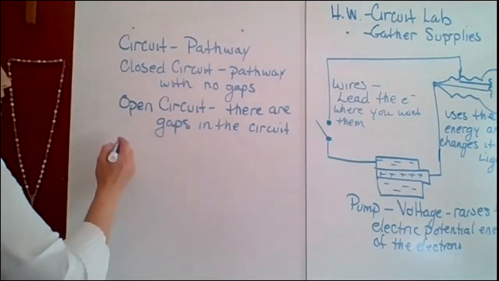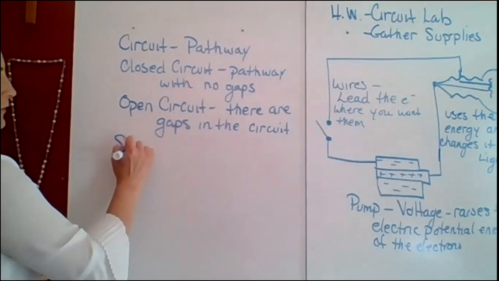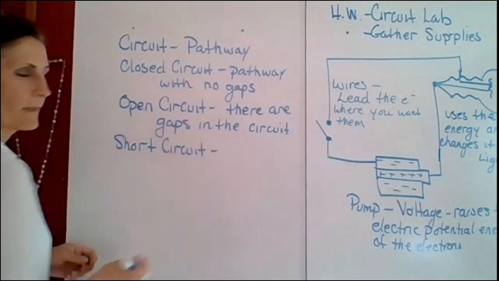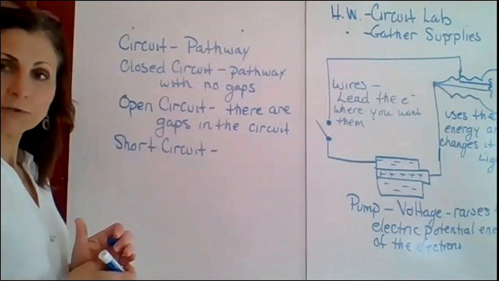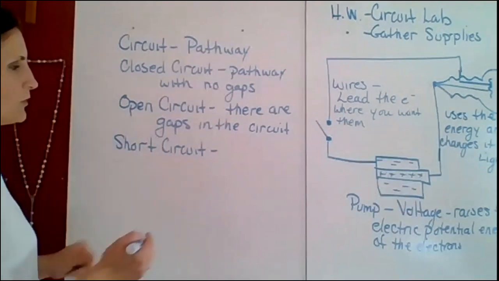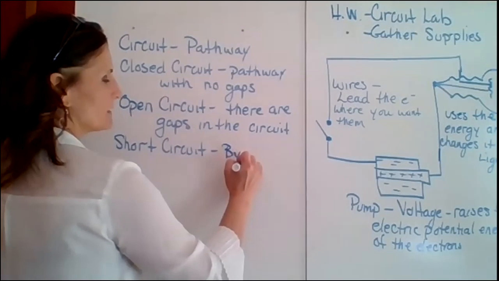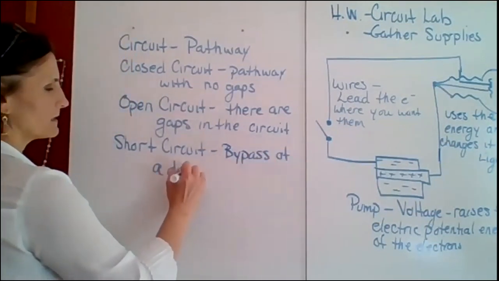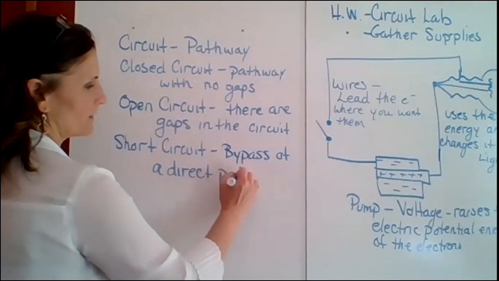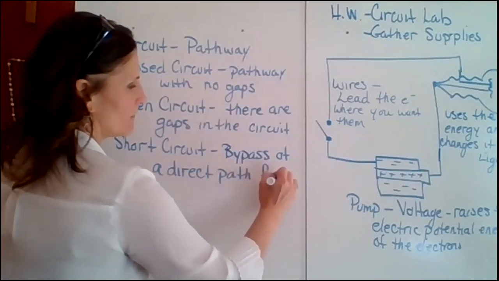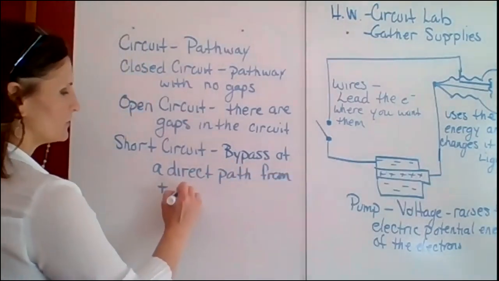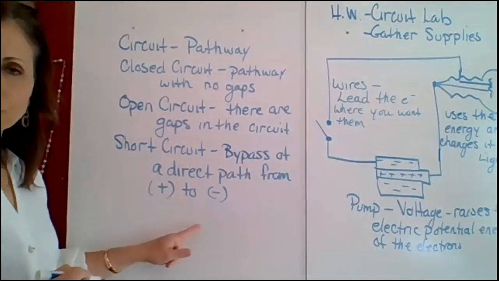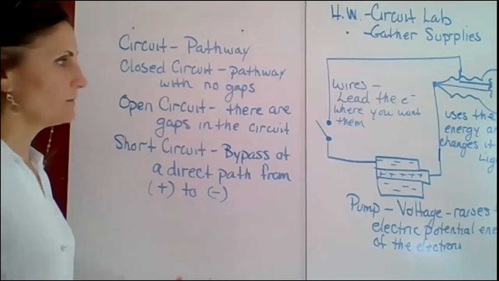A word that I'm sure you often used or heard is a short circuit. Okay? So in a short circuit, there is a bypass, a direct path from positive to negative. If you create a short circuit, it's like a free-for-all.